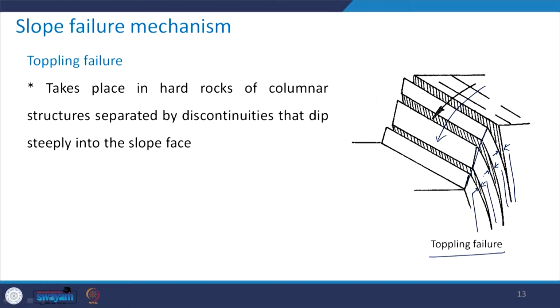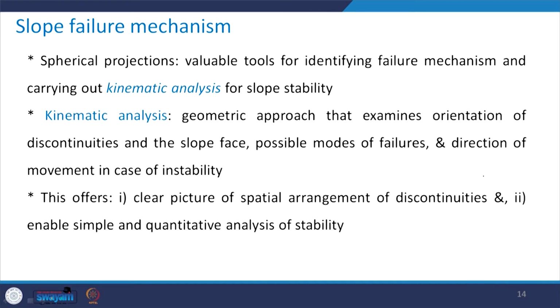Now, let us try to see how to make use of these geological data representations in the kinematic analysis of slope failure. Basically, these spherical projections are quite valuable tools in identifying the kind of failure mechanism that may take place, whether it can be plane, wedge, circular, or toppling type of failure.